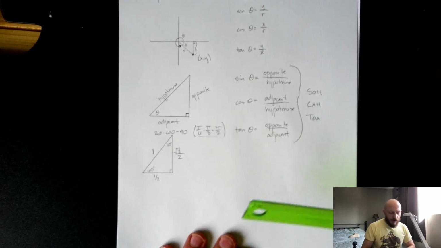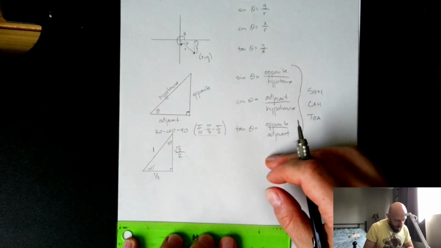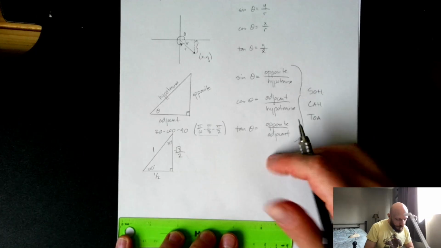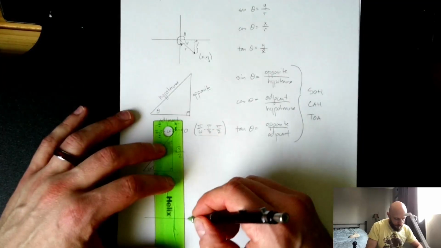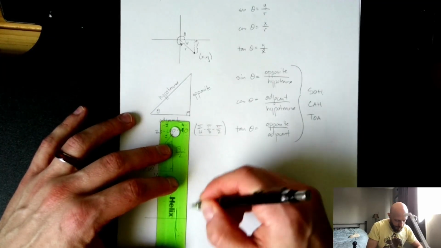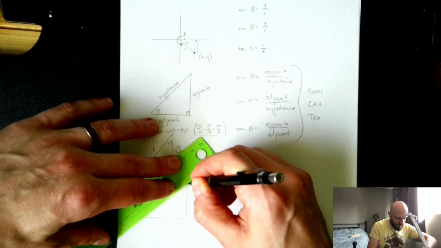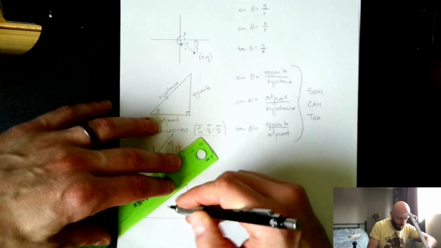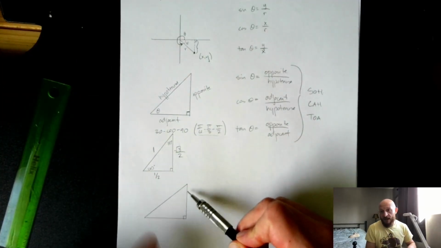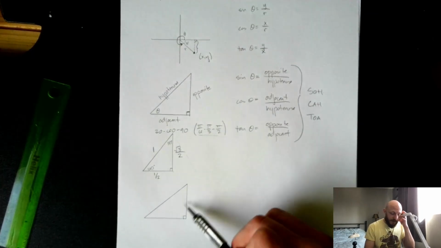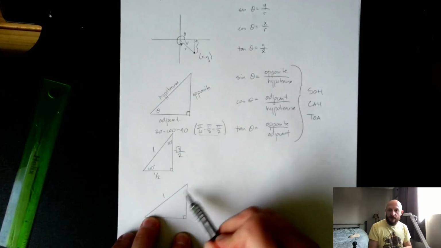The other special triangle that comes up a lot, in particular when you're looking at the unit circle, is a 45, 45, 90 triangle. So the 45, 45, 90 triangle is, again, isosceles. Since these two angles are the same, these two sides are the same, and we start with the same premise that the hypotenuse is a length of 1.